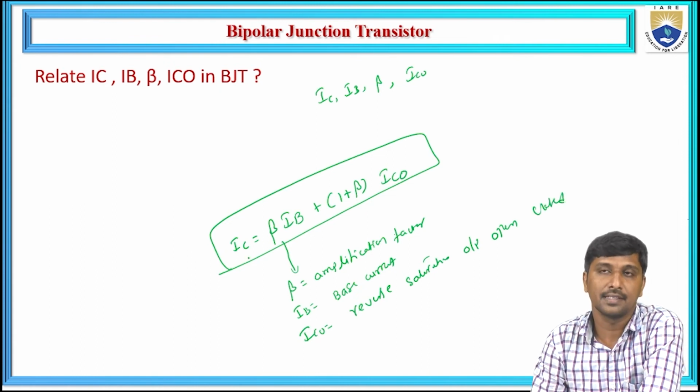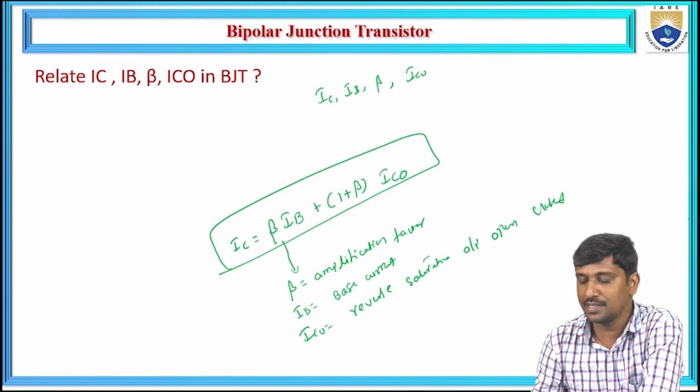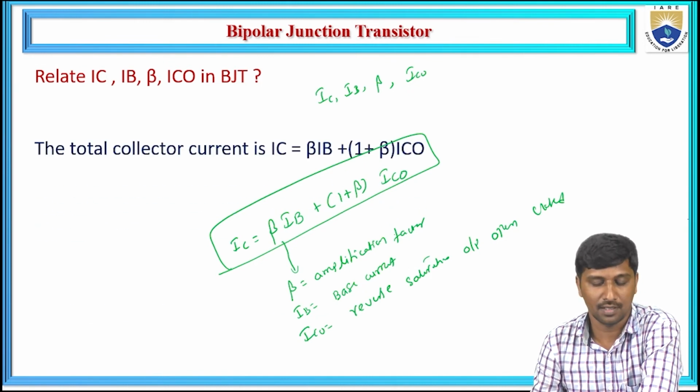So this is the relation: IC equals beta times IB plus 1 plus beta times IC naught.